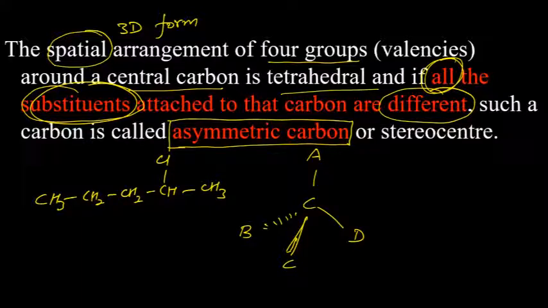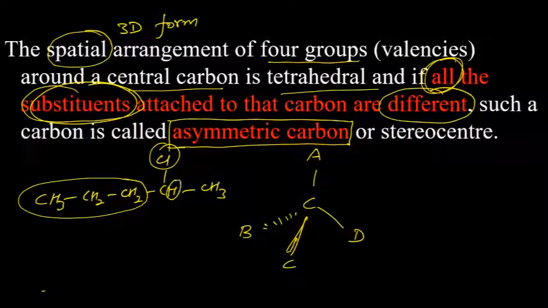Now, if you see the carbon, this one, this carbon has four different branches, four different valencies. One, two, third is this hydrogen, and fourth is this methyl group. Because this hydrogen is actually like this.